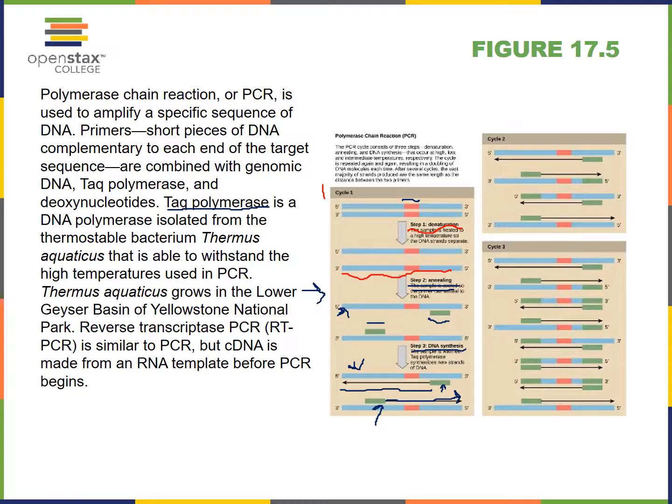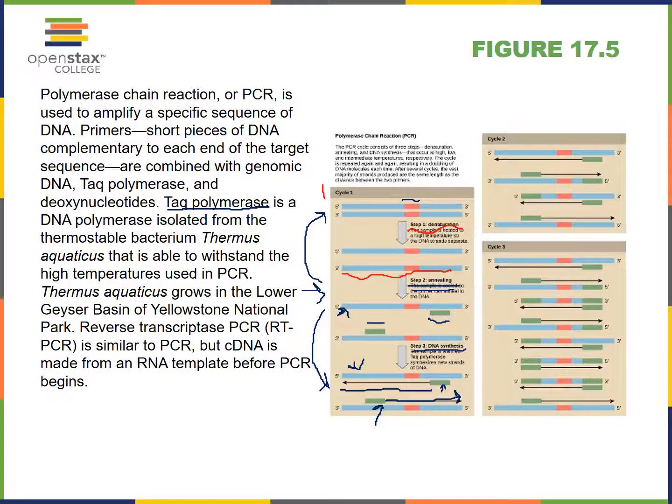So primer annealing, remember I said, happens between 50 and 65 degrees Celsius. If we cooled this test tube down to 42, where human DNA polymerase works, our DNA would actually go back to being single-stranded. You would not get elongation. You would not get DNA synthesis.